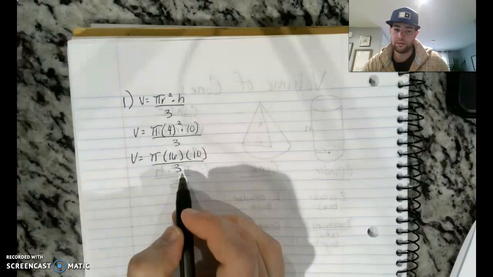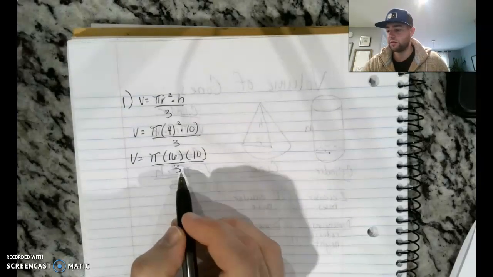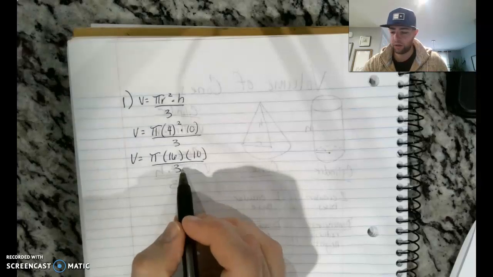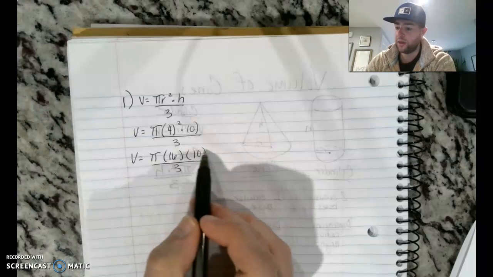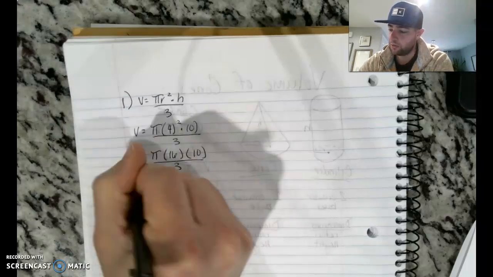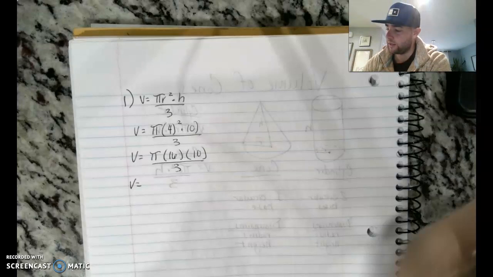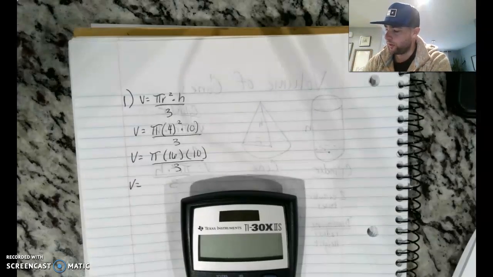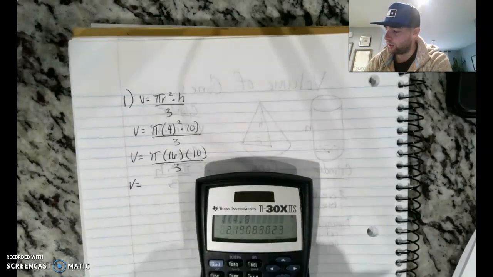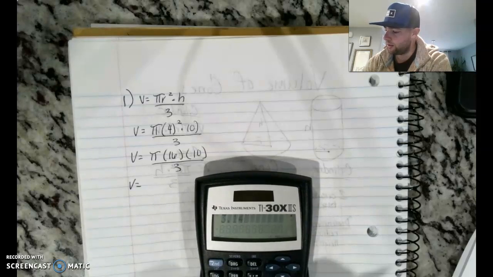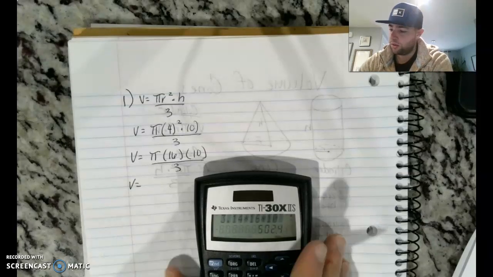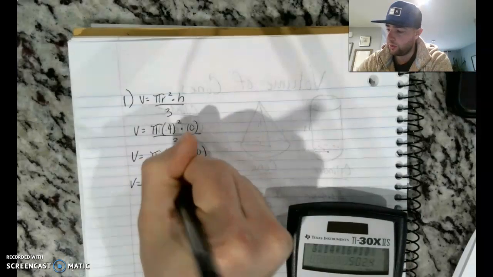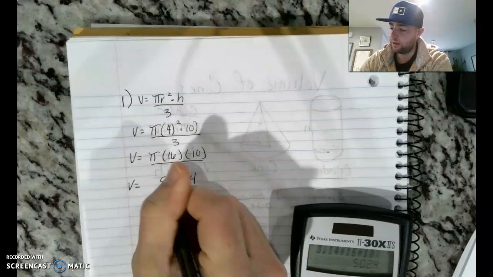Like this, 16 is not divisible by 3, 10 is not divisible by 3, meaning I can't get a whole number when I divide. So I'm going to multiply everything across on top and then divide it by 3. So the first thing I'm going to do on my calculator is multiply pi, 3.14, times 16 times 10, hit equals, and I get 502.4. So I have 502.4 on top divided by 3.